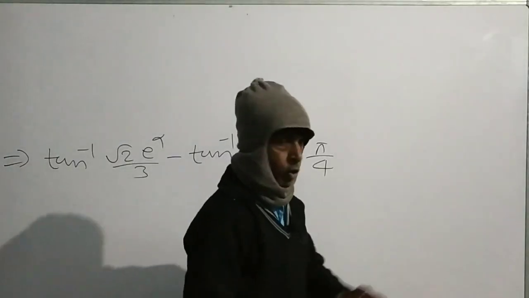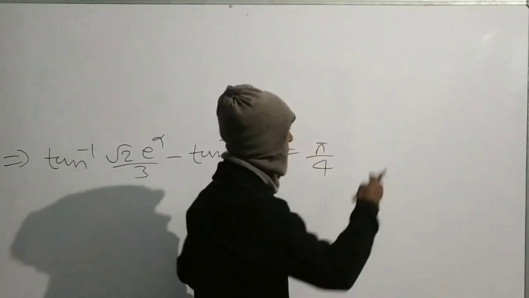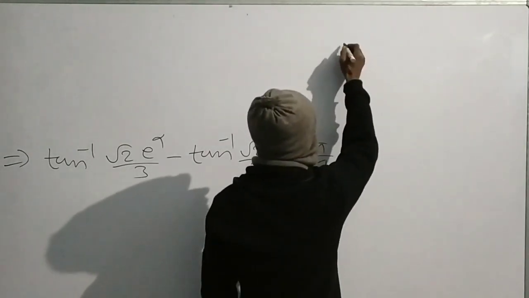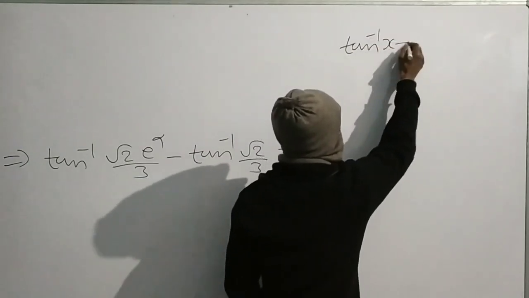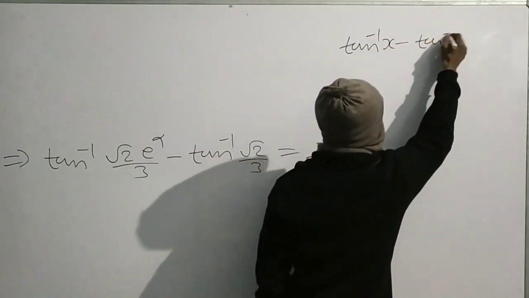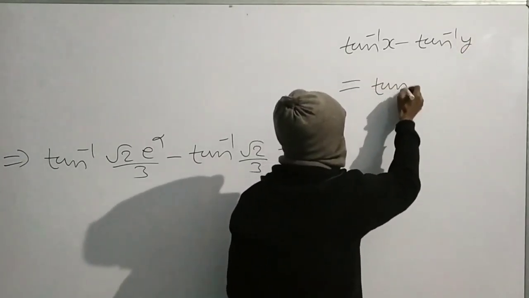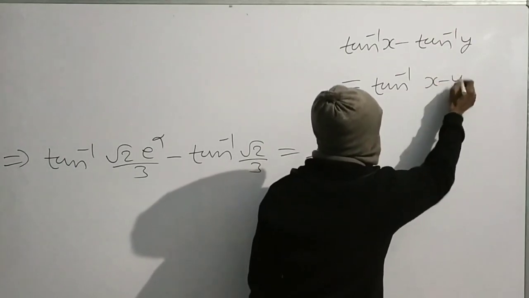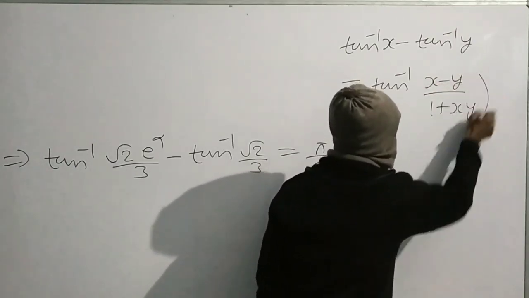There is a formula of the inverse trigonometric function chapter that tan inverse x minus tan inverse y is equal to tan inverse x minus y by 1 plus xy.